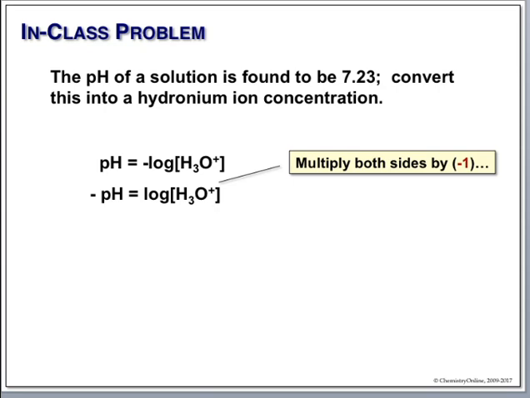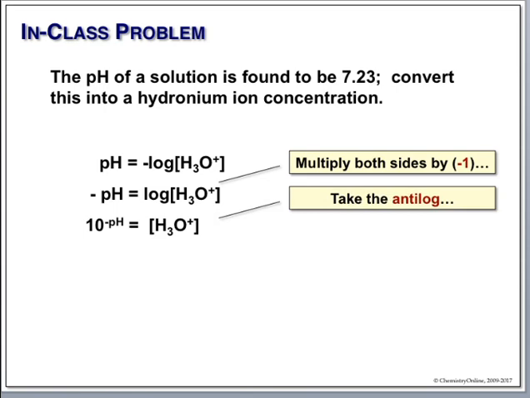Now, recall that a logarithm is simply a power of 10, isn't it? So if we take what's called the antilog, the antilog of a log, well, it just disappears, like matter, antimatter. Poof, it's gone. But the antilog of this number on this side winds up as an exponent.